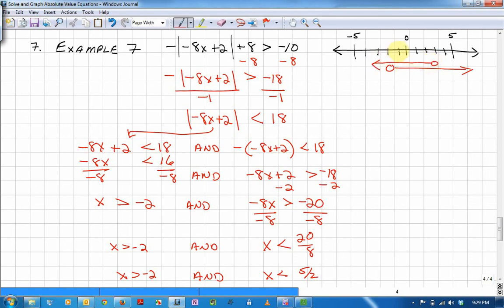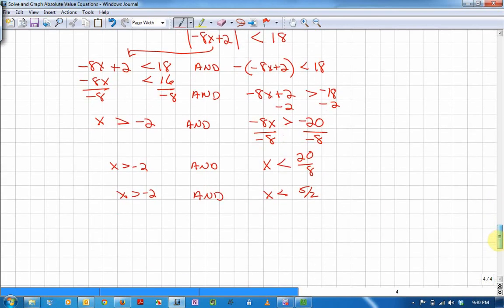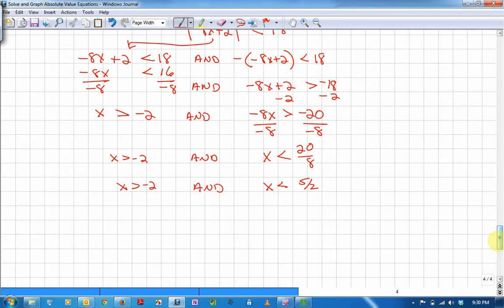And an and is the intersection of the two. So my final graph will look like that. And that's it for absolute values, solving absolute value equations and inequalities.